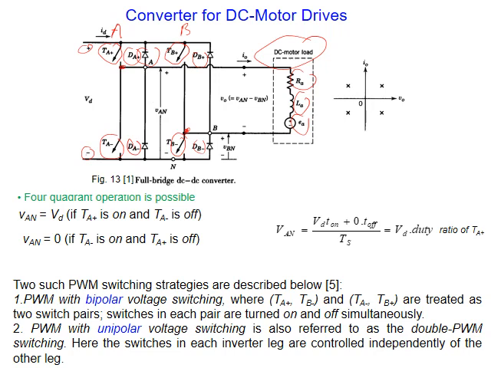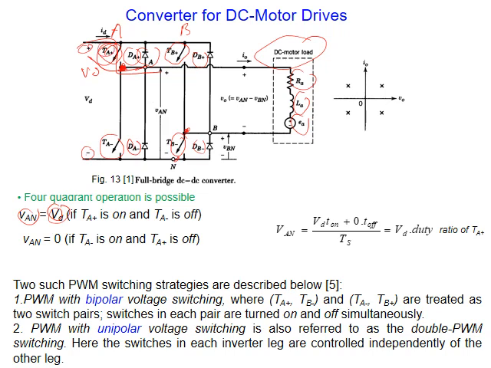Now let me talk about one of these legs, leg A, as an example. When TA positive is on, current will flow here, so the voltage here is the voltage VD. So you see VAN, between A, the middle point, and N, the ground, is equal to VD.